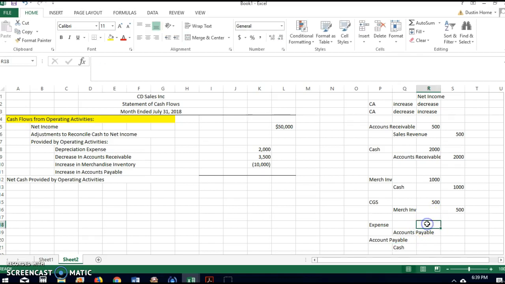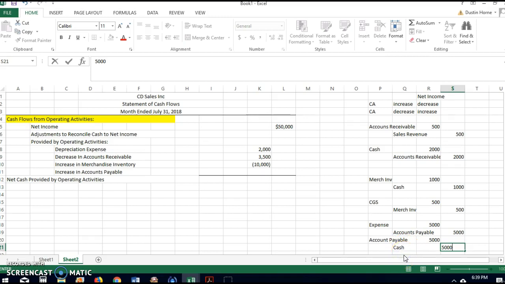So what happens here is when we expense it, nothing's happening to cash. But when we pay it off, accounts payable decreases and cash decreases because we're paying our account.